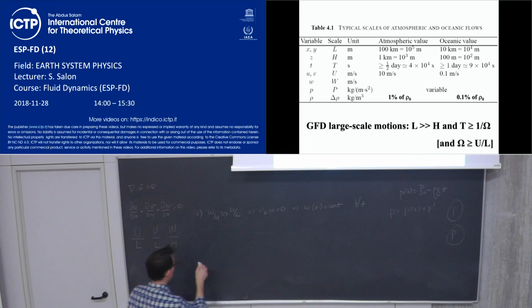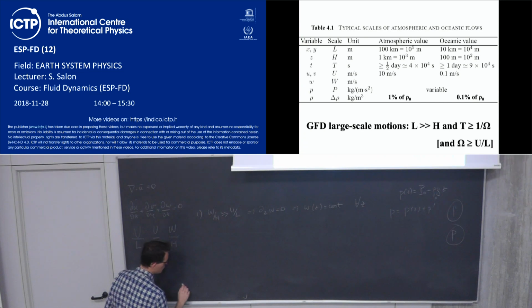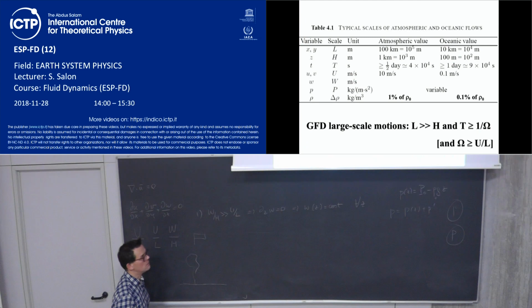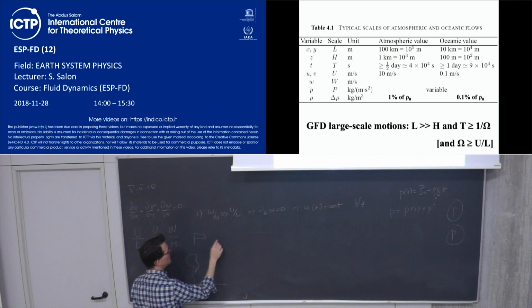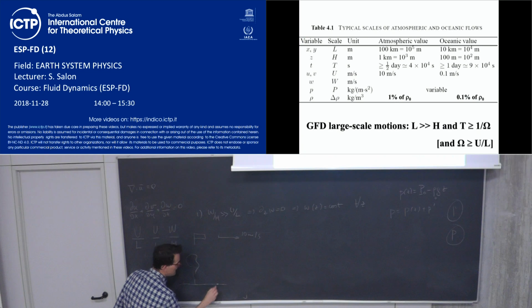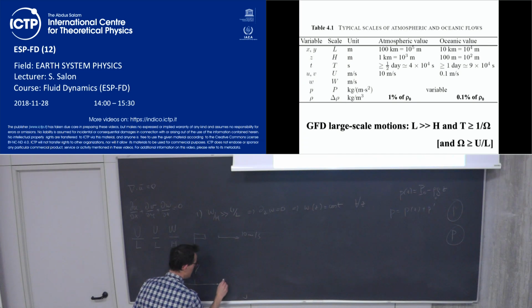If, in reality, I take a measurement, so I have trees, and here, let's say, a wind measurement, I will see here, let's say, 10 meters per second. What can I measure here exactly at the ground? Zero.